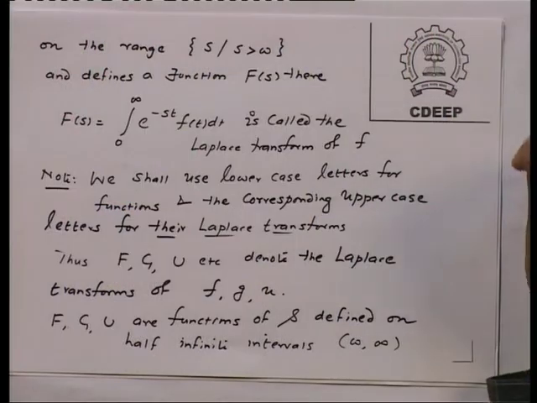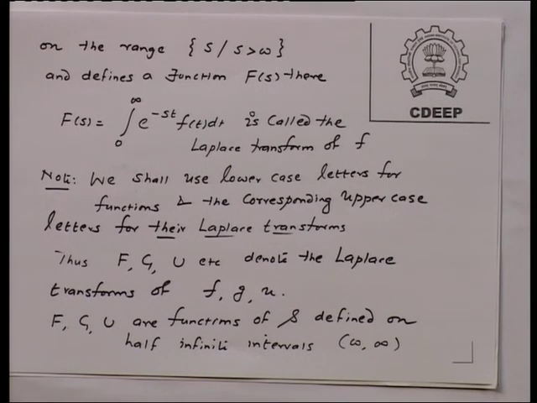So frequently I am going to denote the Laplace transform by capital F of s. So the function is little f, its Laplace transform will be denoted by capital F, and sometimes we shall use script L f also.